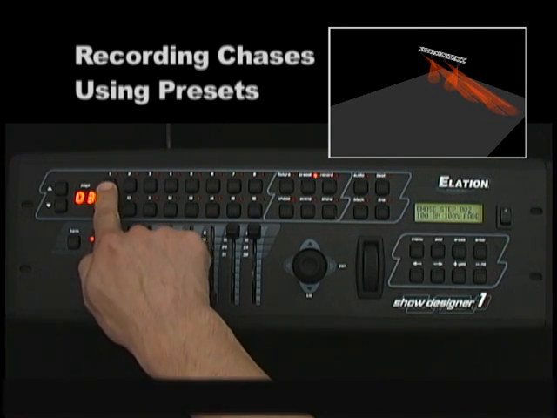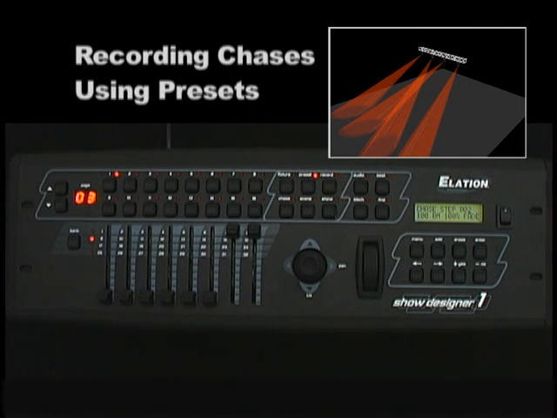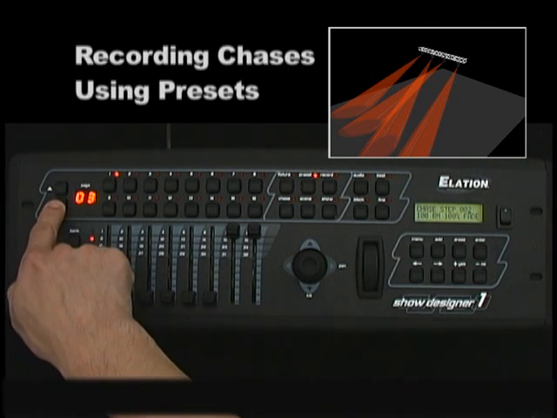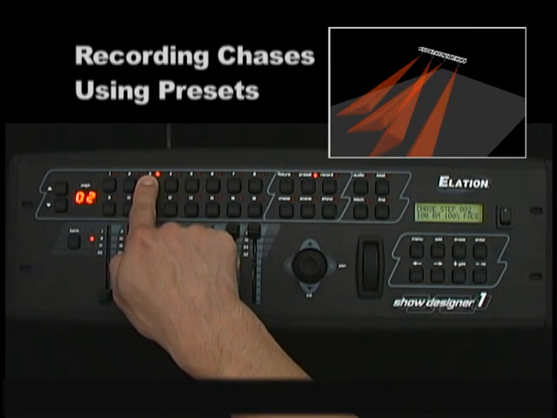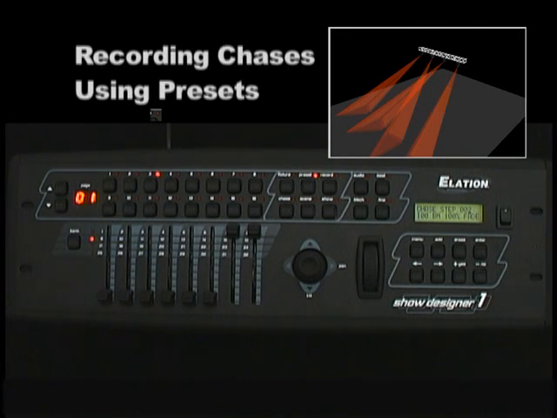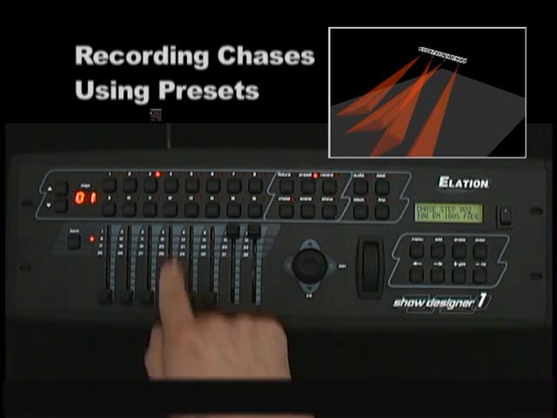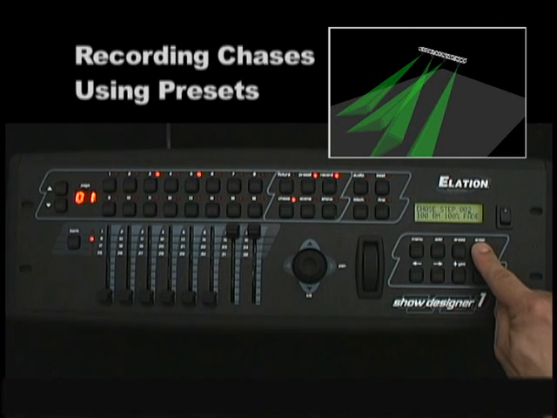Select the new beam position by selecting a desired preset. I'll press the down arrow button to get to page 2, which contains my gobo presets. I'll then go down to page 1, which contains my color presets, and select the new color. Once you've selected all your desired presets, press enter.